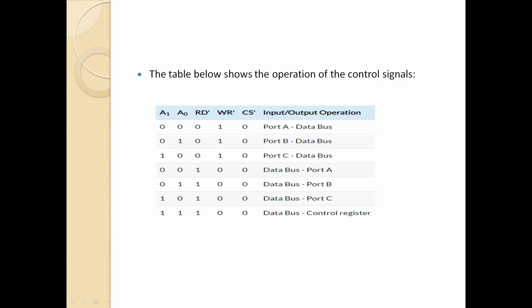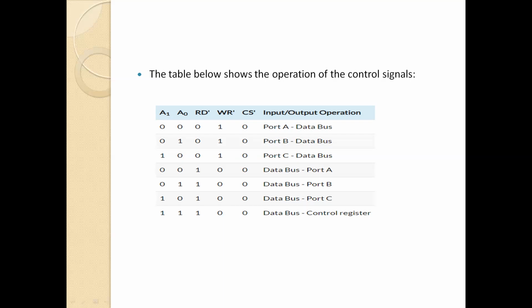Whenever we are going to perform the write operation, the write pin signal is kept low. Depending upon the signals on A1, A0 and the write pin, the write operation is performed. The write operation is performed from the data bus of the CPU to port A of the 8255 chip.